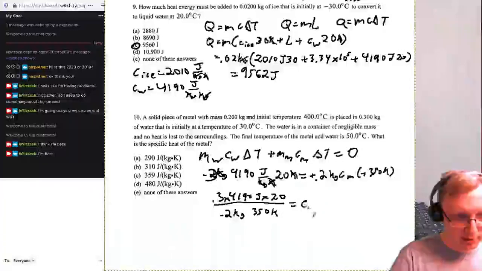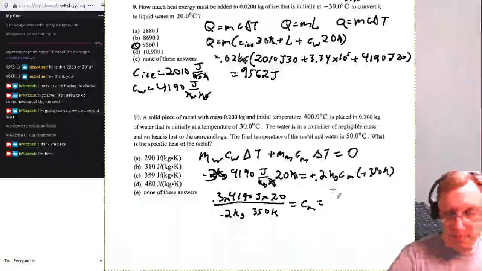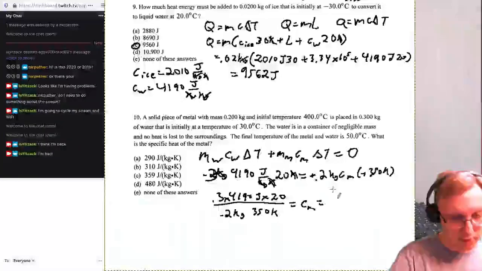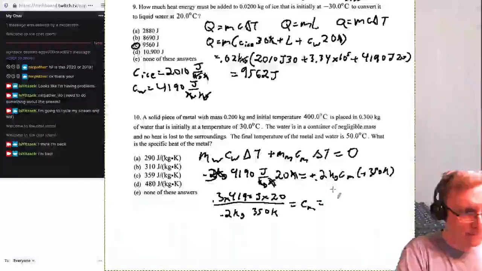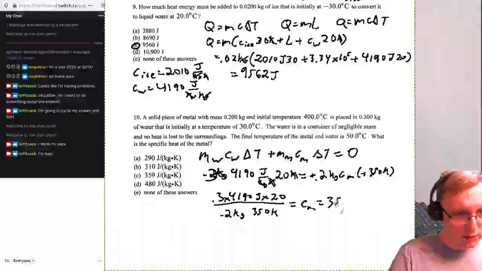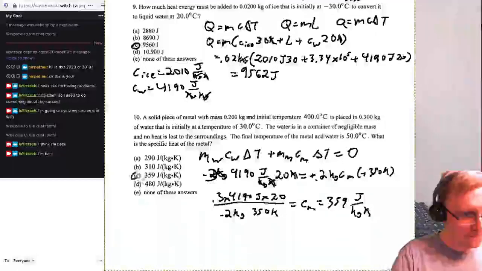And this is the C of the metal. 0.3 times 4190 times 20 divided by, begin, 0.2 times 350 gives 359 joules per kilogram Kelvin.